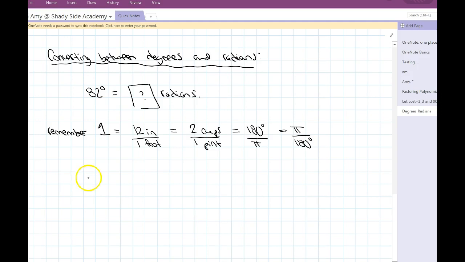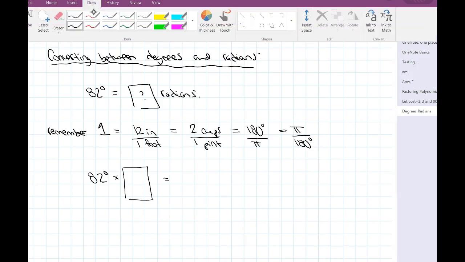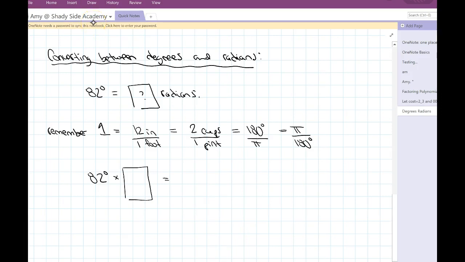So when you're looking at 82 degrees, the question is, what form of 1 can I multiply by that will leave me with the unit of radians and cancel out the degrees? And by the way, this is stoichiometry, which literally translates to unit conversion, which you probably did in chemistry.